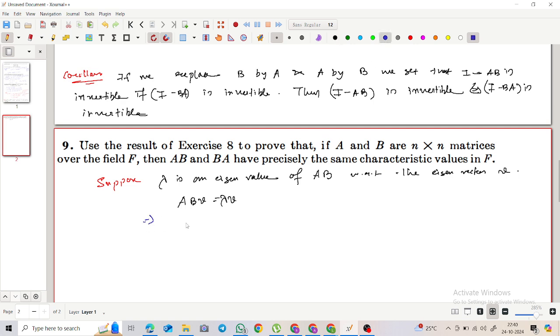So what do we see here? AB minus lambda I times V is 0, which means, maybe we should write this way, lambda I minus AB is not invertible.